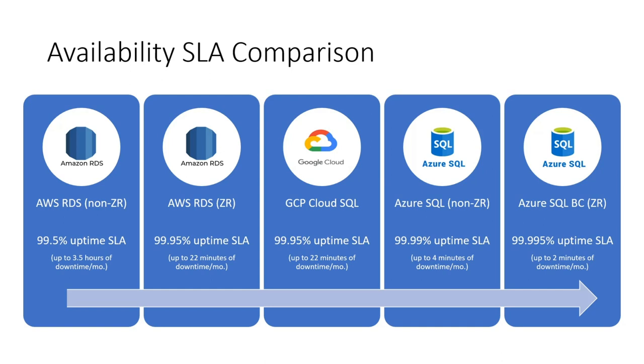And the market leader today is Azure SQL Business Critical in zone redundant configuration, which offers 99.995% uptime SLA, or no more than 2 minutes per month of downtime. So 4.5 nines of SLA makes Azure SQL, both non-zone redundant and zone redundant, the absolute market leader in terms of resiliency and SLA guarantees.